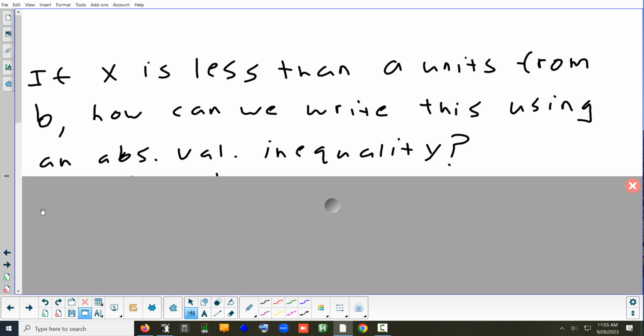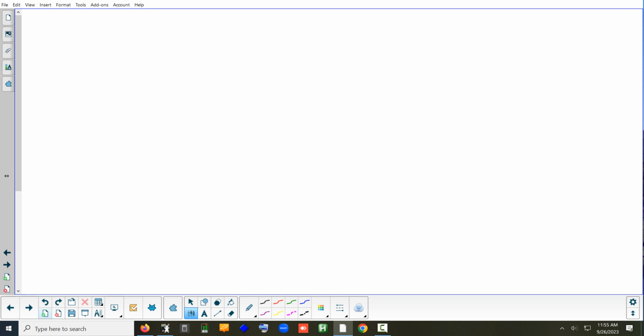Okay, so one application we can do of an inequality is that if I said to you, I'm thinking of a number in my head, and the number I'm thinking of is less than a certain number of units away from something. Like if I said I'm thinking of a number that's less than 2 units from 5. What does that really mean?